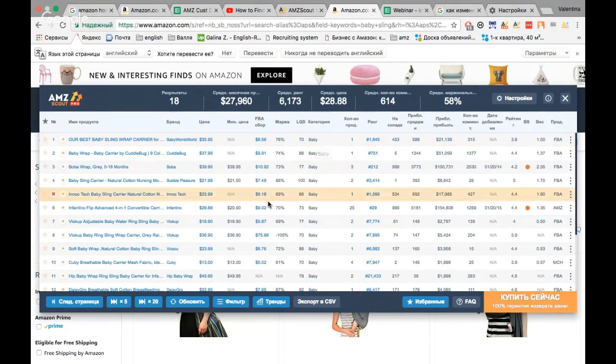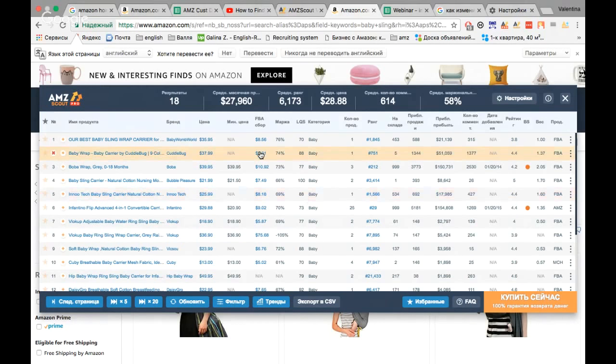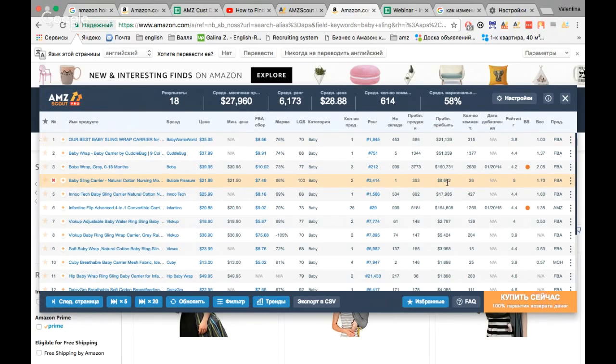And we see all the products listed here, like they are on the first page. Well, we can see the name of the product, the brand, the price, and a lot of other things. But what I want to pay attention to is the sales, estimated sales.